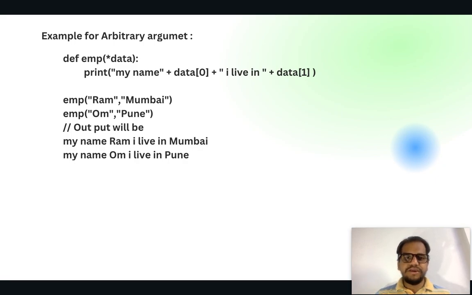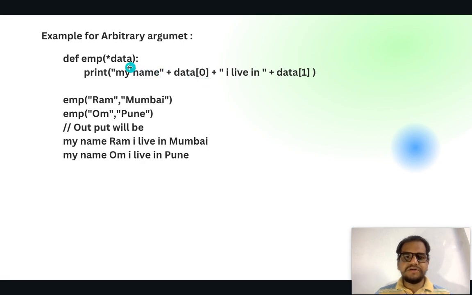So here is the way Python gives us, like def employee. I am taking the function name as employee, and star data. Whenever we type the star, it means it will accept multiple arguments, or any number of arguments. So we can check here, print my name concatenated with the data, and we are putting here index 0.